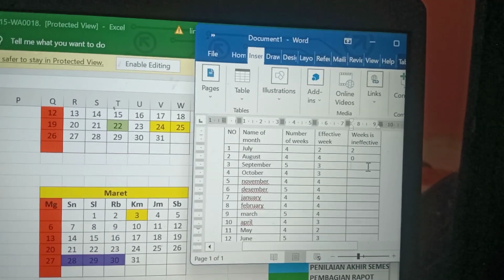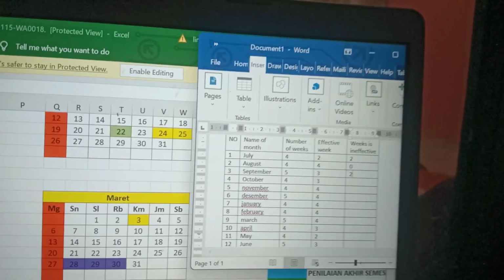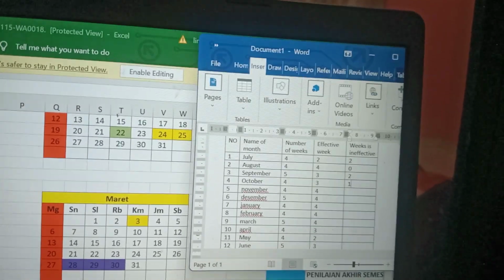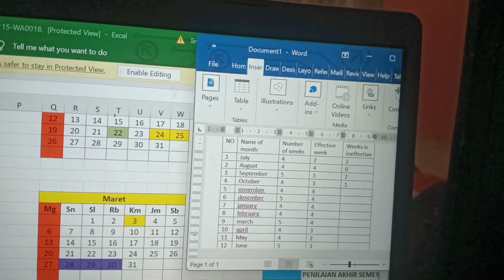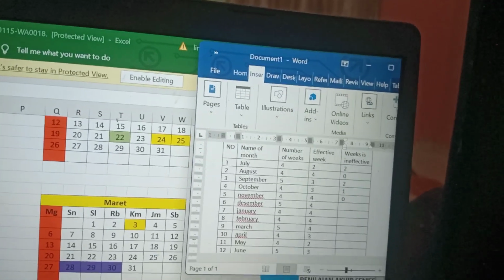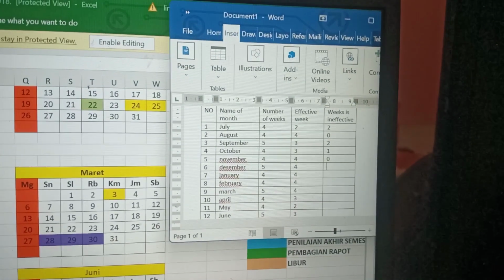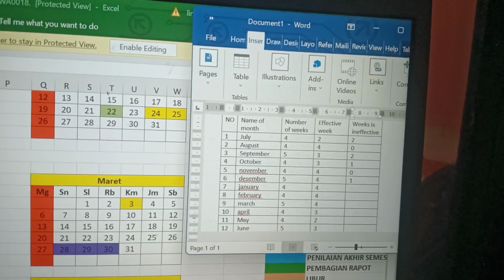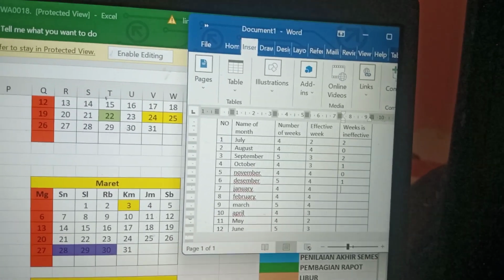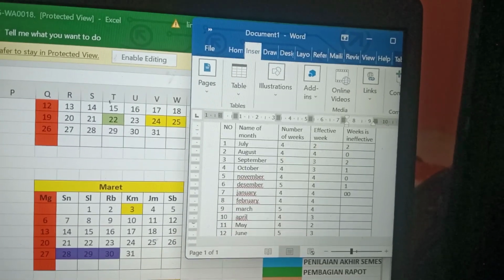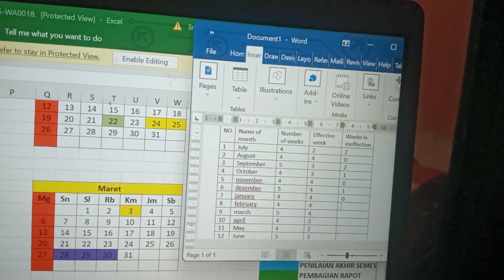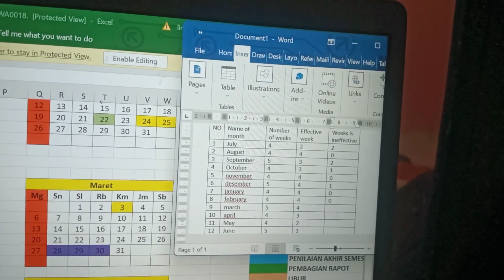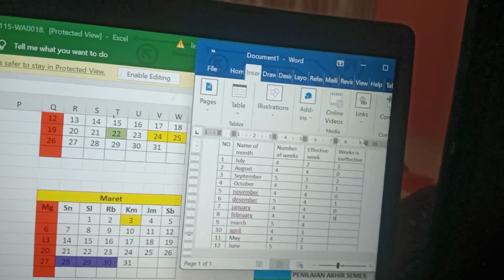And 5 minus 3 is 2. Next, 4 minus 3 is 1. Next, 4 minus 4 equals 0. Next, 5 minus 4 equals 1. Next, 4 minus 4 equals 0. Next, 4 minus 4 equals 0. And in March, 5 minus 4 equals 1.